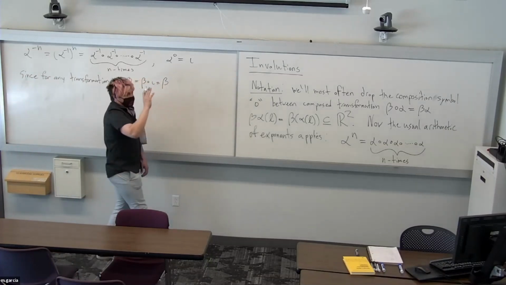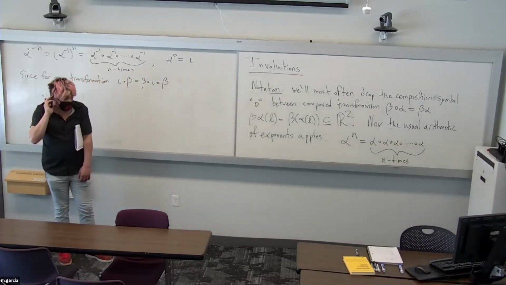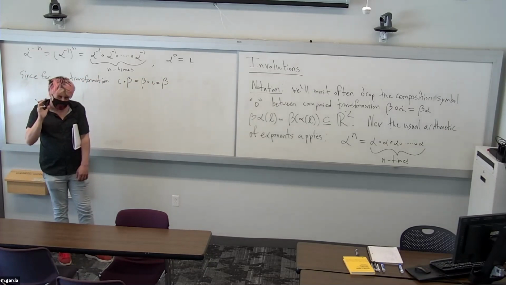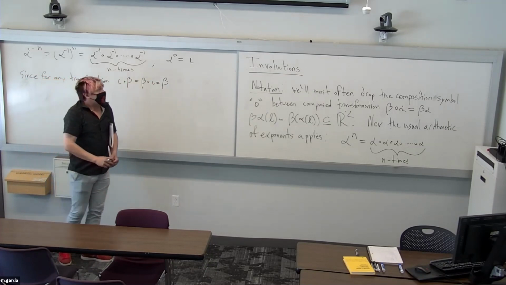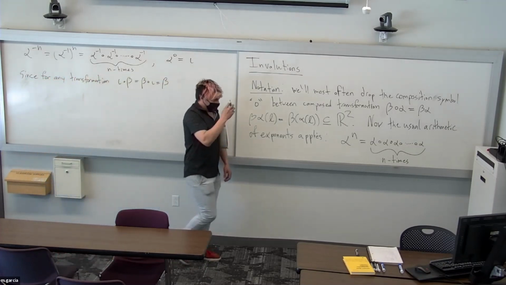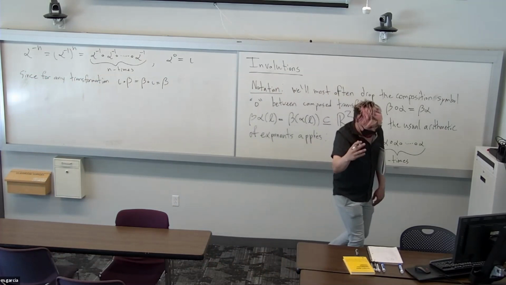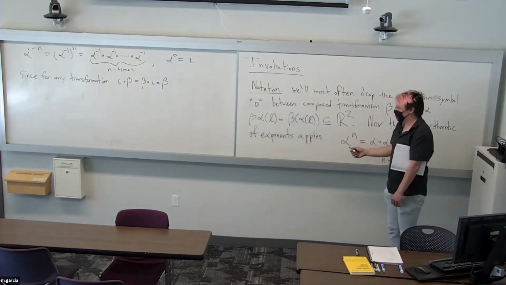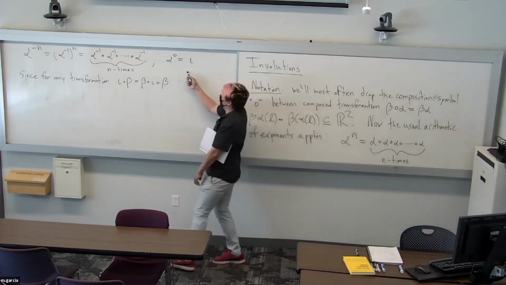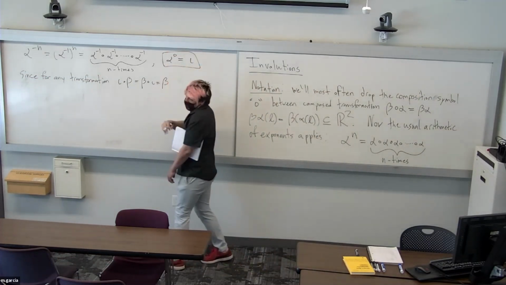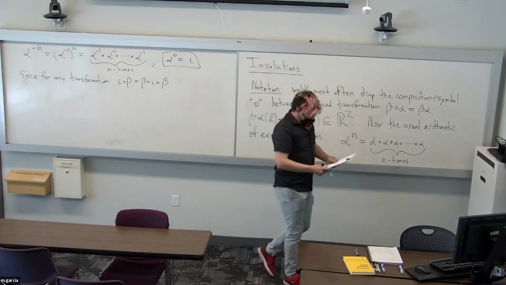There are no betas involved, it's just iota left. So that's why the zero exponent gives you iota. If what I said is true, if the usual arithmetic of exponents applies, then we had better have this.